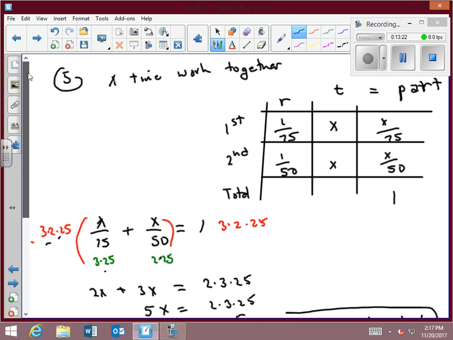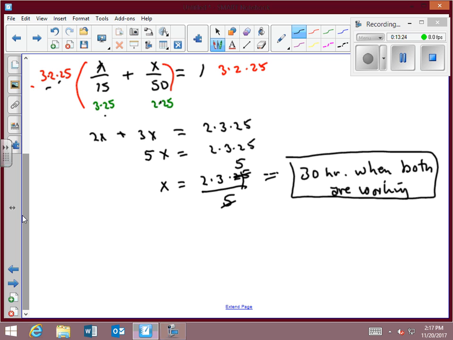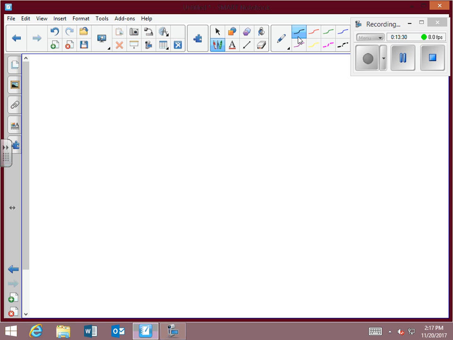Okay, any questions so far? It says a small air conditioner can cool a room 5 degrees in 75 minutes. A larger conditioner can cool a room 5 degrees in 50 minutes. How long would it take to cool a room 5 degrees with both conditioners working?